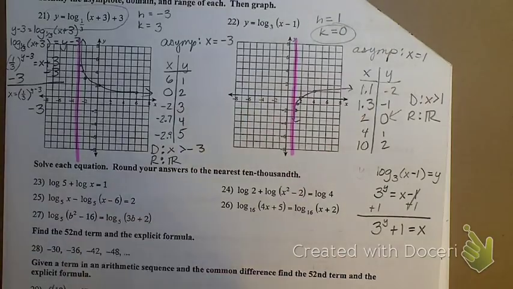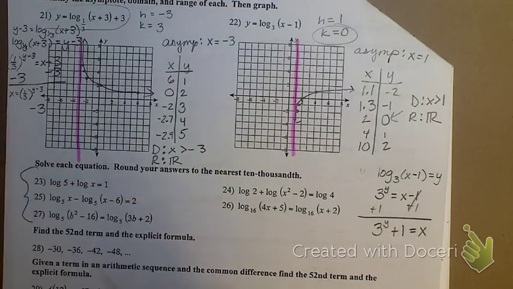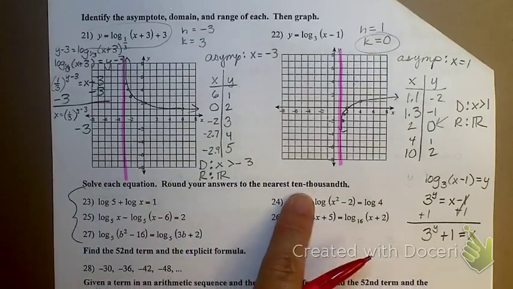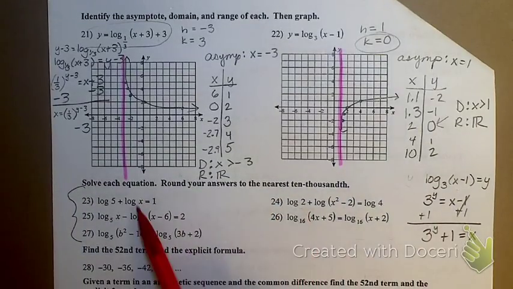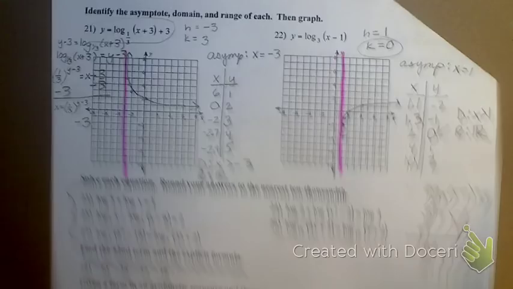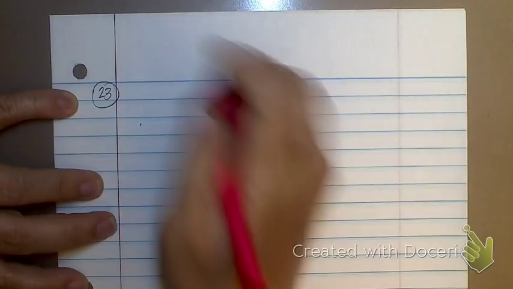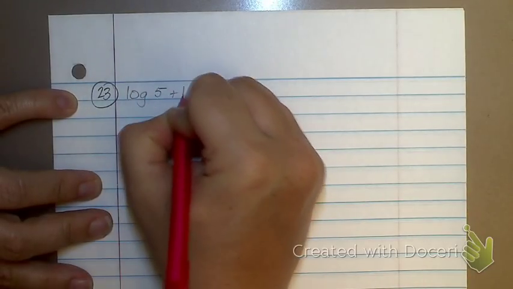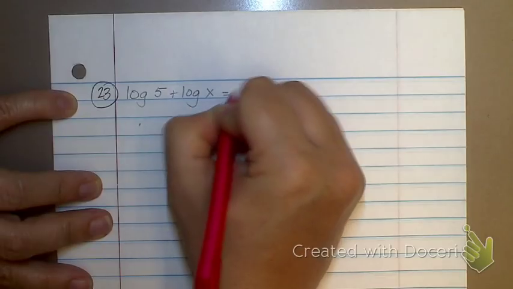All right. The last part of this log section I am going to do on a separate piece of paper, so I actually have room to do it. I need to solve the equations round to the nearest 10,000th. One thing about log equations, we also always need to check for extraneous solutions, so I'm also going to be doing that. Okay? So, let's see, number 23 says log of 5 plus log of x equals 1.